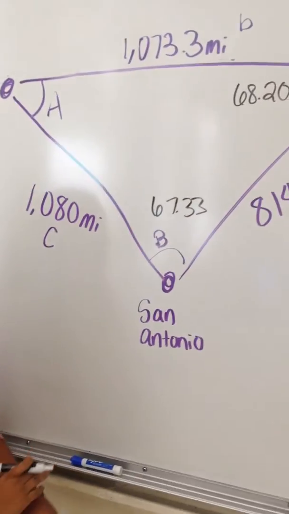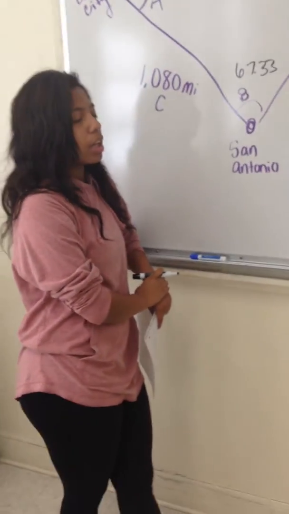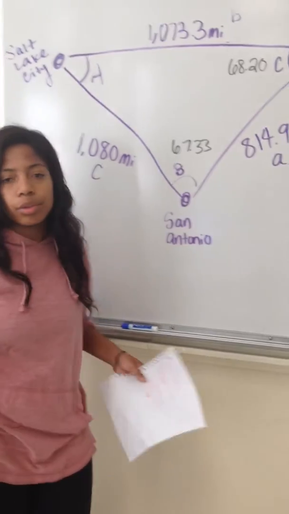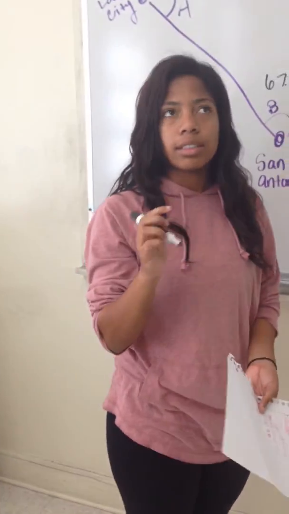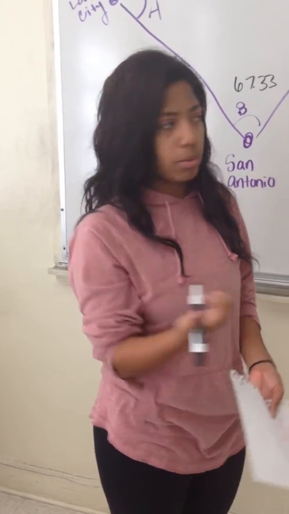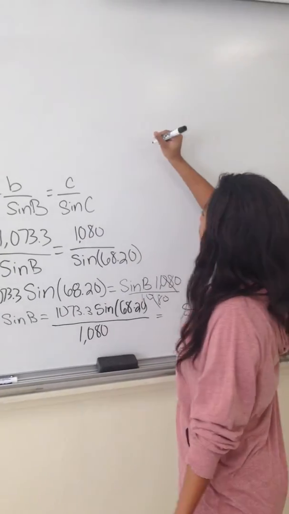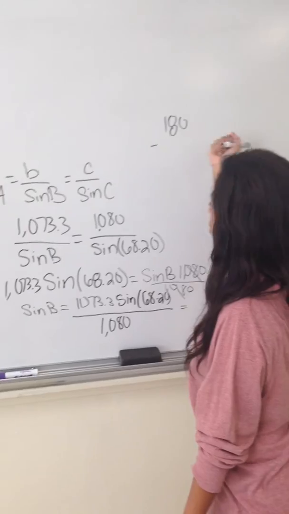Now, pretty much right here, once you have two angles, you know that all three angles add up to 180. So you don't have to use the formulas anymore. You just do simple math, and you do 180 minus your two angles that you have.